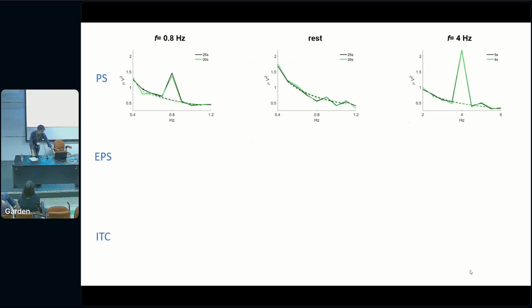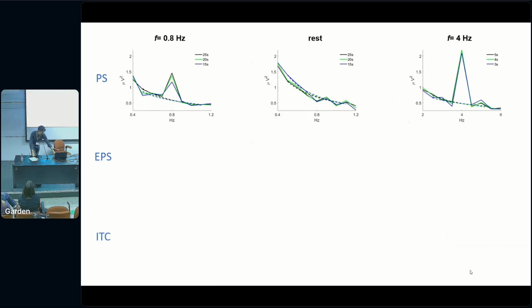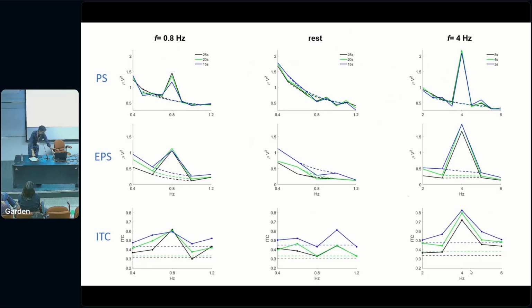When I decrease, I go on, this is 15 seconds. So at 15 seconds, you already see that the power spectrum sort of resists here, and these two resist, and the intertrial coherence becomes increasingly noisy.